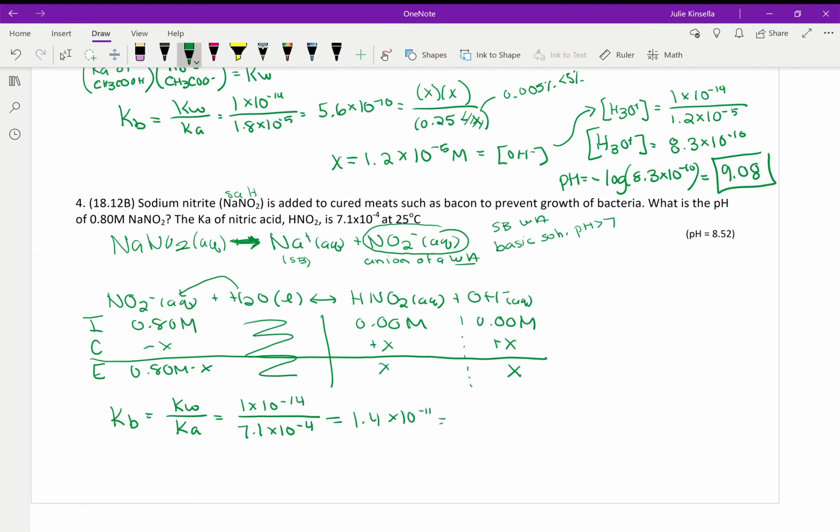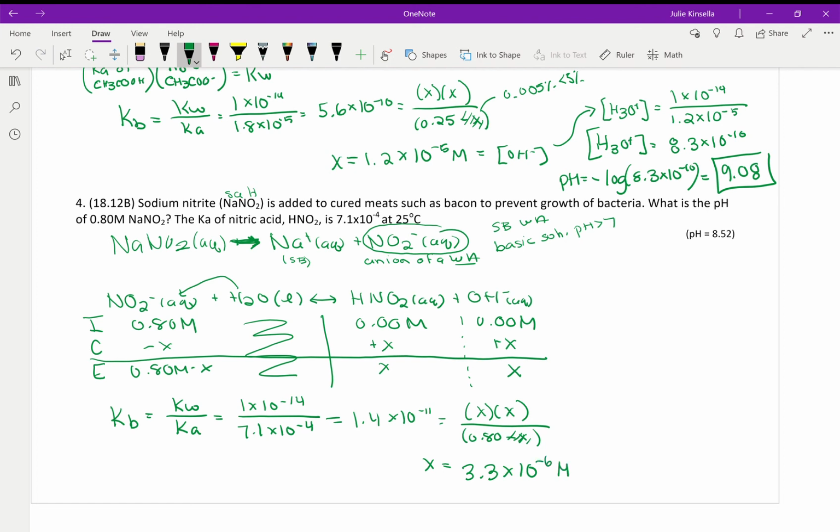And then I can set that equal to my expression. So x times x, or x squared, over 0.80 minus x. We'll simplify that down, which will definitely be much less than our 5%. When you solve for x here, you should get 3.3 times 10 to the negative 6.